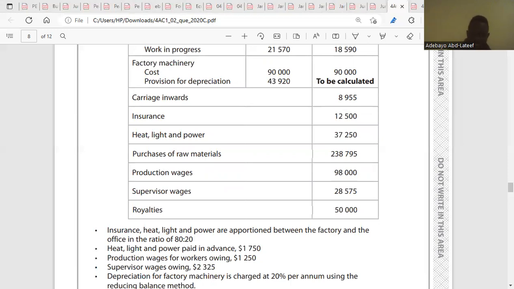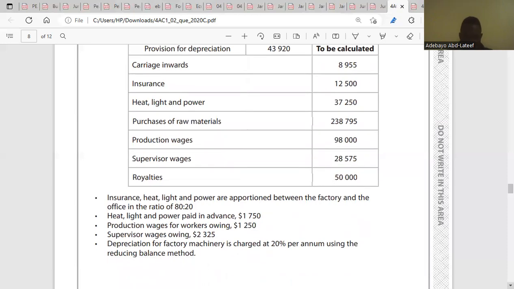So we have 9,216. So that's the value for depreciation on factory machinery. You add it to your prime cost. Don't worry, just continue with me and listen, I have the information here.